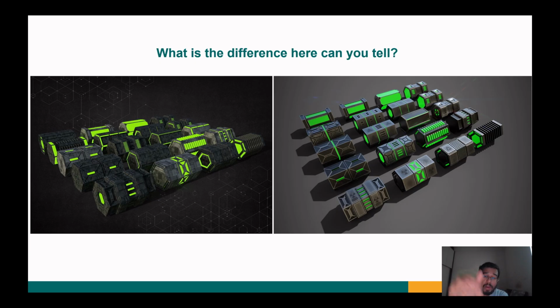But on the second image, it immediately catches your eye that these pieces are made of metal. They are metal parts. Okay, so this is the difference between the normal texture and the PBR texture.